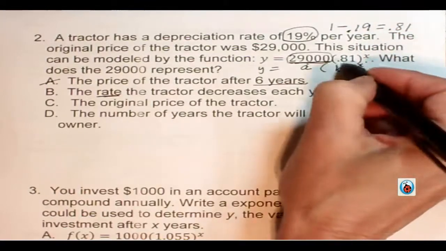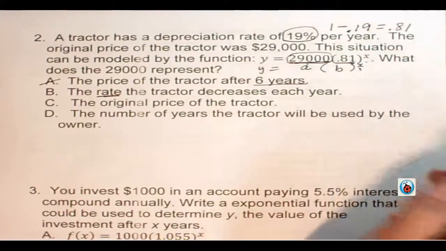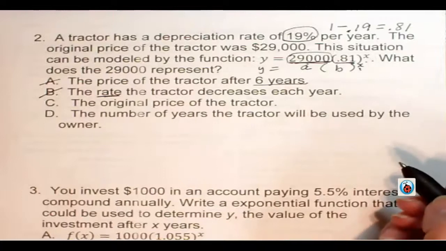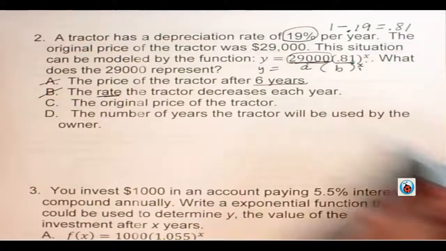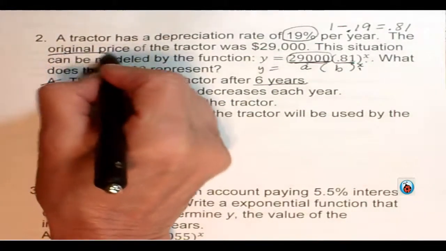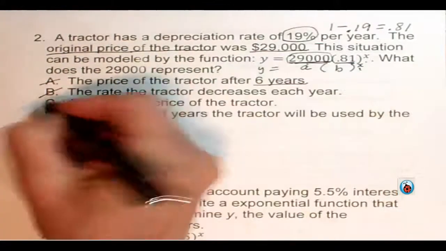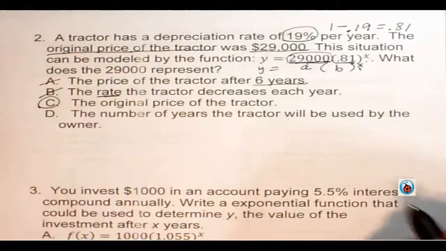So this, your B value, is part of the amount that it decreases each year. So that's not right. The original price of the tractor, well, this one actually says original price of the tractor was $29,000. So that one right there would be my answer.